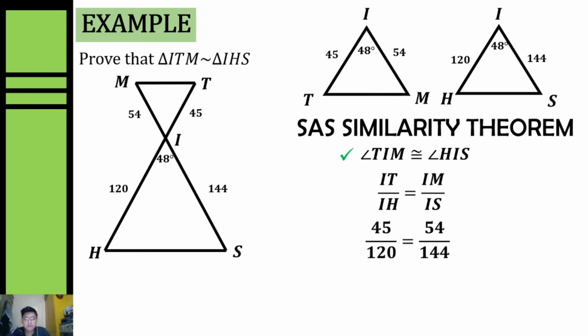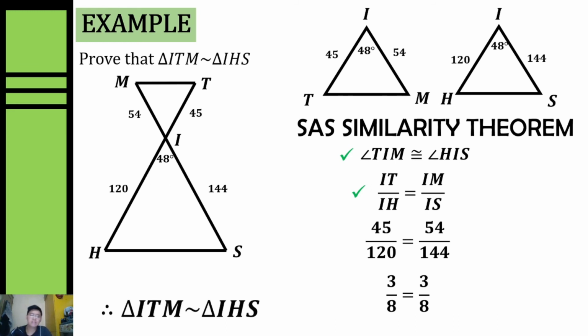We have 45 over 120 is equal to 54 over 144. Let's simplify our fractions. We will end up with 3 over 8 is equal to 3 over 8. So they are proportional to each other. Now that it satisfies our two conditions for the side angle side similarity theorem, we can conclude that triangle ITM is similar to triangle IHS.